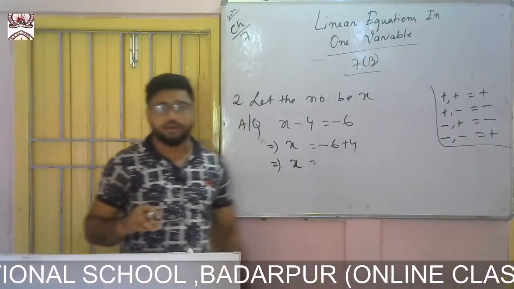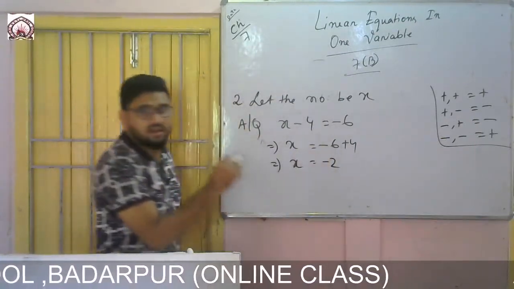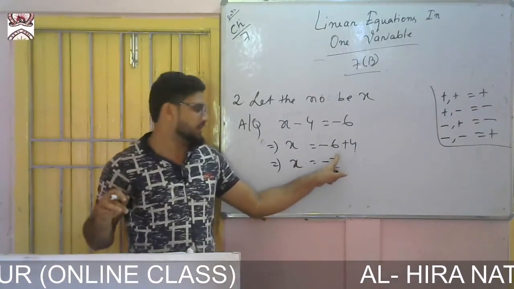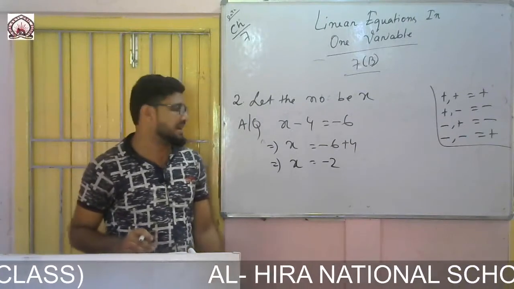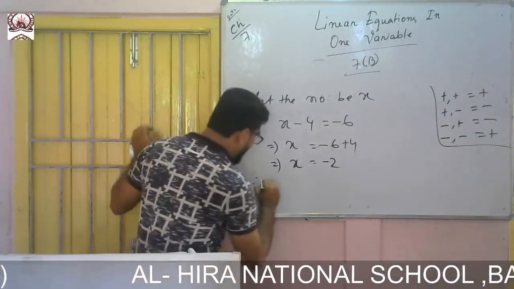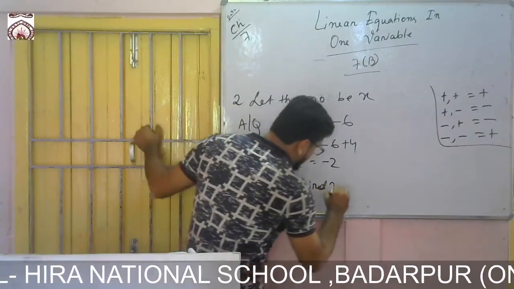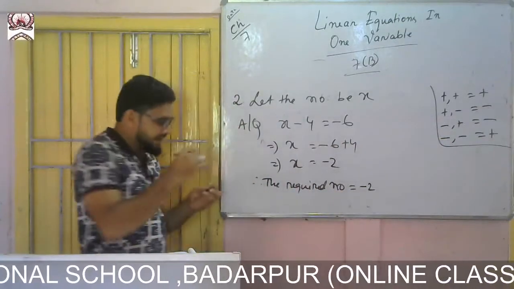So 6 minus 4 it is 2. So here it will be minus 2, because the bigger number is 6 and we should put the bigger sign. So the required number is minus 2. Therefore the required number equals minus 2.